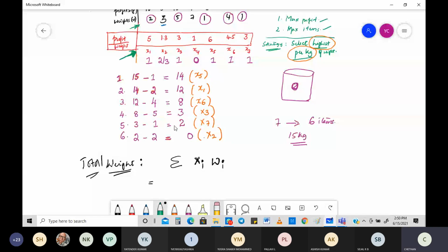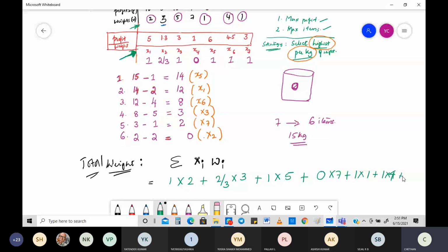So 1 into 2, plus only 2 by 3rd that I chose out of 3 kgs, plus 1 into 5, plus the X4. I didn't select it, so 0 into 7, plus 1 into 4, plus 1 into 1.